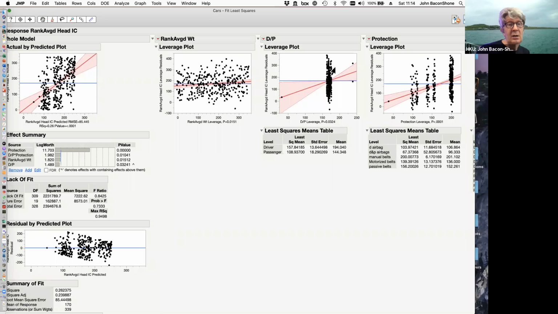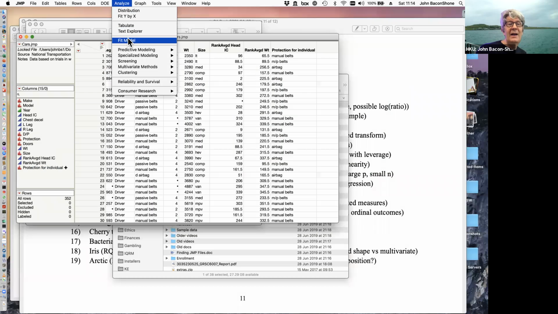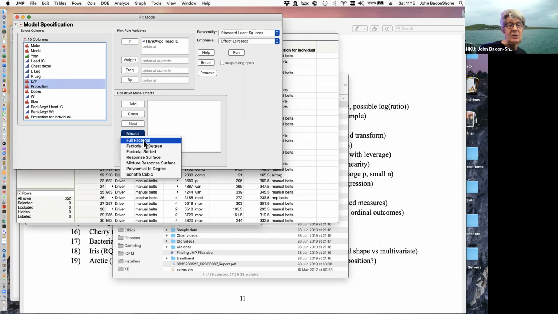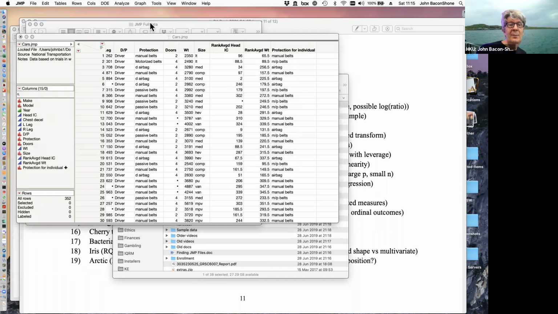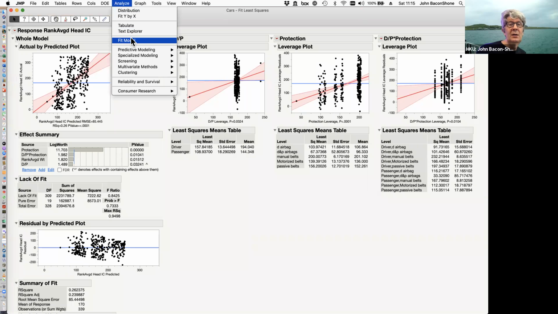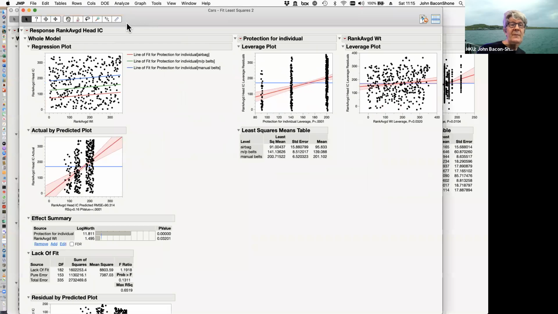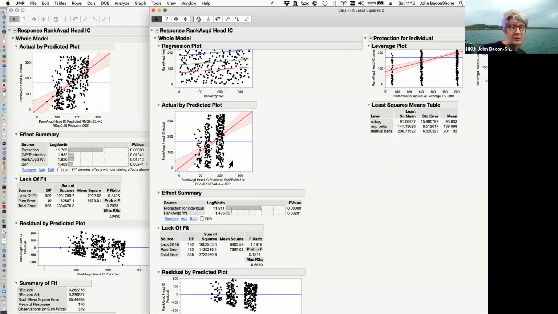Sorry, I should do the one, let's compare the one with interaction. So damage to the head, driver, passenger, and protection, plus the rank average weight. So I can compare this one to my new one, where I believe I don't need the interaction because I'm going to use the protection for the individual as well as the rank average weight. So we're going to compare these two models.